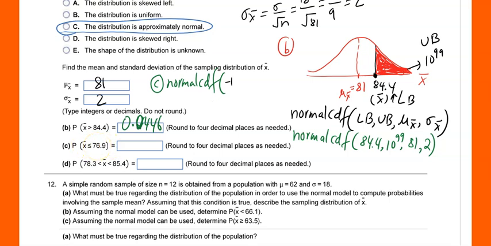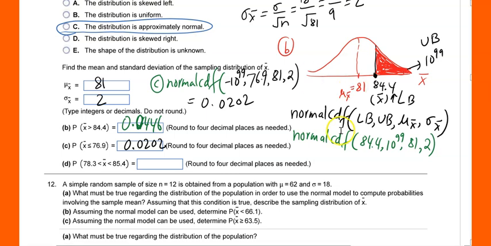Your lower bound is negative 10 to the power 99, comma, upper bound is 76.9. Remember that this is the other way, and mean is again 81, standard deviation is 2. Remember that we're using the standard deviation of the sampling distribution, and this equals 0.0202. You can pause your video and finish yourself.